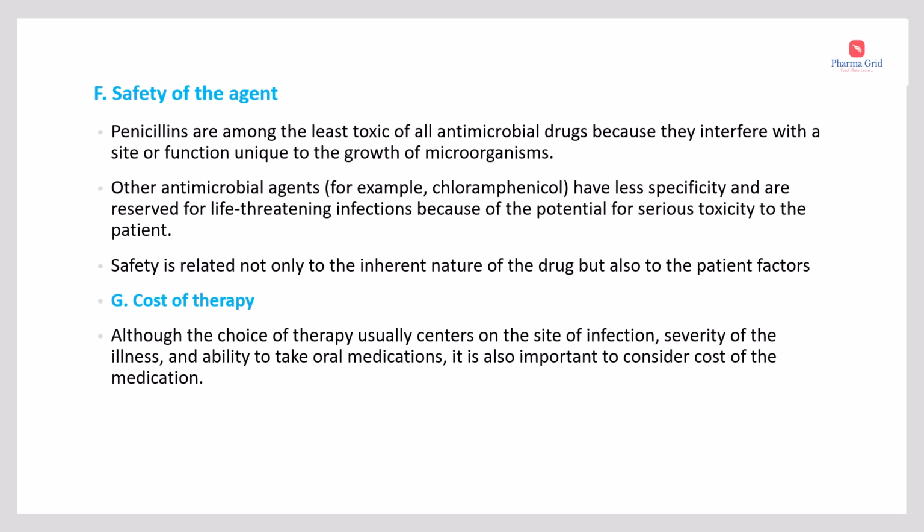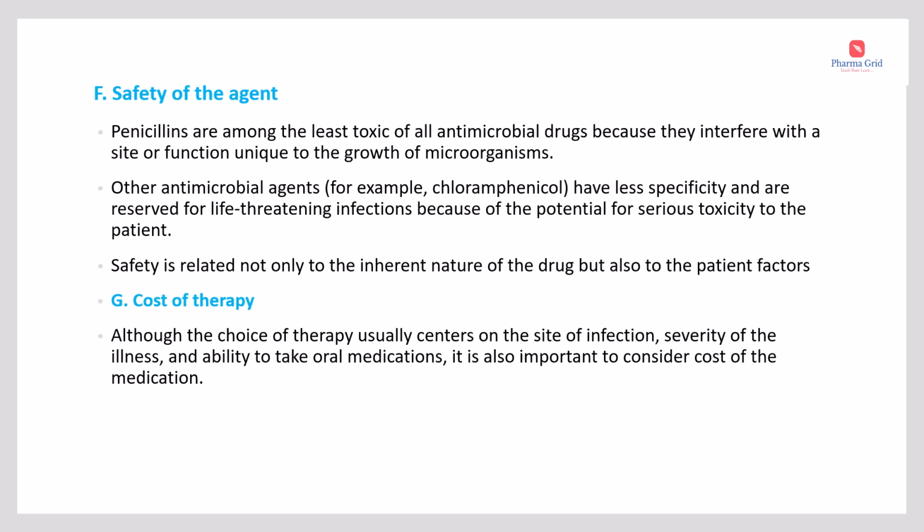So the next factor affecting the selection of an appropriate antibiotic is the safety of the agent. Penicillins are among the least toxic of all antimicrobial drugs because they interfere with a site or function unique to the growth of microorganisms. Other antimicrobial agents, for example chloramphenicol, which is a broad spectrum antibiotic, have less specificity and are reserved for life-threatening infections because of the potential for serious toxicity to the patient.